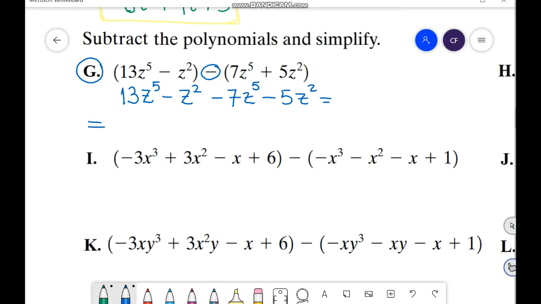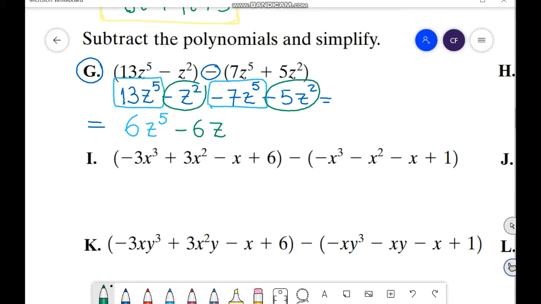And in sequence, you combine like terms. So you combine 13z exponent 5 with another term that also has z exponent 5, this one. 13 minus 7 is 6, z exponent 5. And for another one, you find the other term that has z exponent 2, or z squared. Negative 1 minus 5 is negative 6, z squared. All right, that's it.